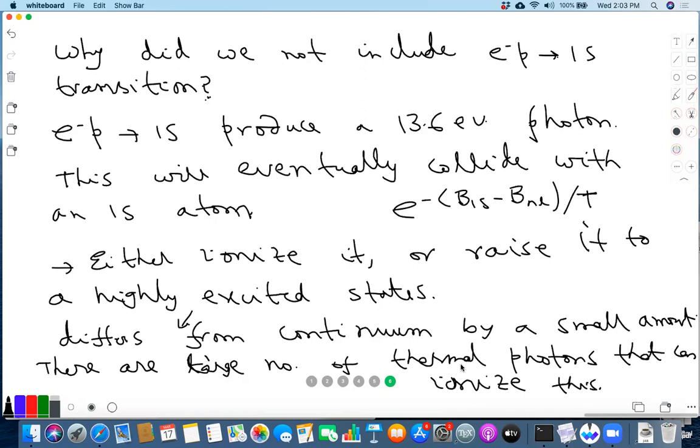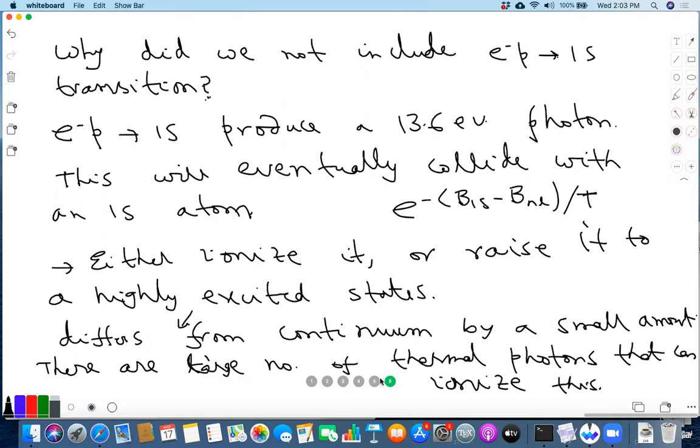So effectively, if we make this transition, e minus p to 1s, the 13.6 electron volt photon that is produced will eventually end up destroying this 1s state. It will basically give back an e minus p pair, either directly or by this cascade process of first exciting it to a highly excited state, and then a thermal photon will ionize it.